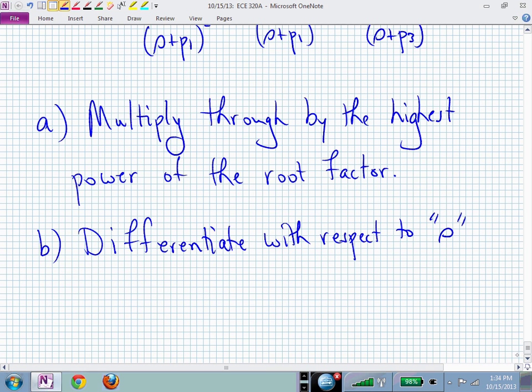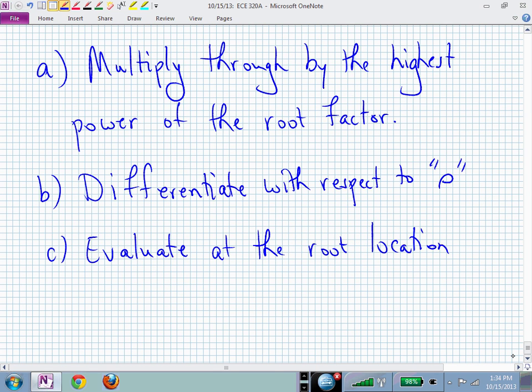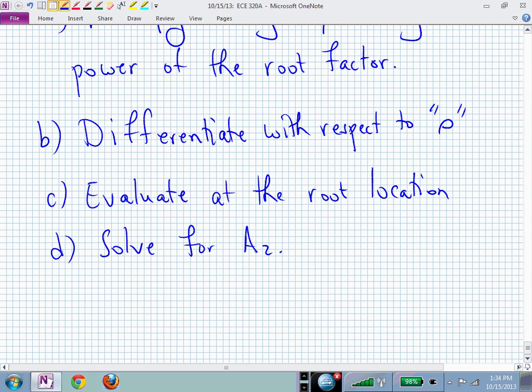Then we substitute into that expression s equal to its root location. So evaluate at the root location. And that will now allow you to solve for this unknown coefficient a2.